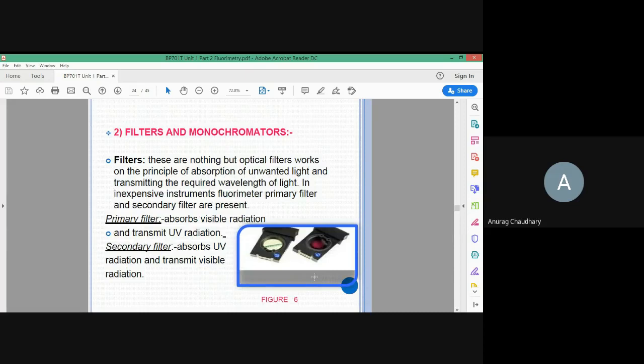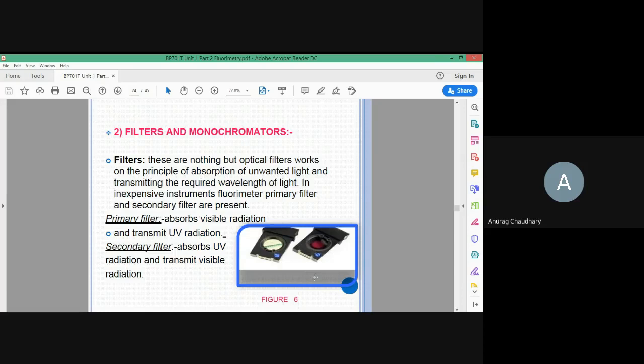In old fluorimeter instruments, filters were used in place of monochromators. But in modern instruments, monochromators are used. Generally, the filters used are of two types: primary filter and secondary filter. Primary filter absorbs visible radiation and transmits UV radiation, and secondary filters absorb UV radiation and transmit visible radiation.